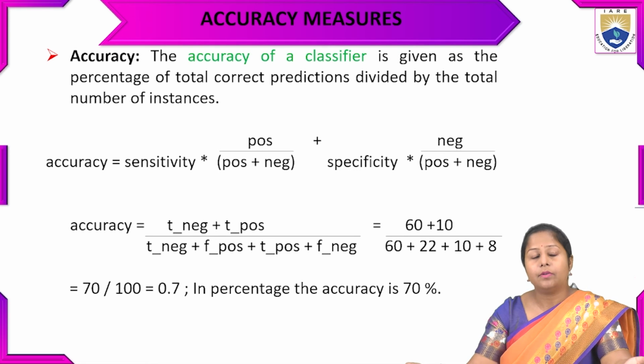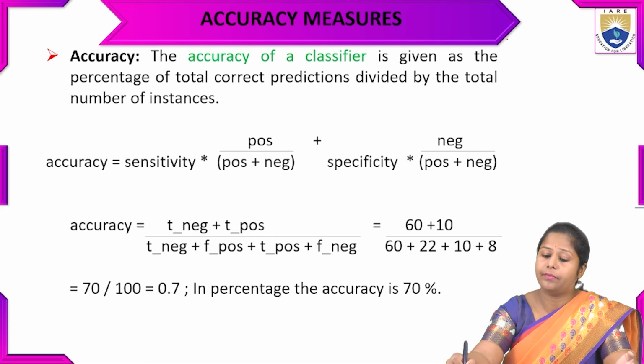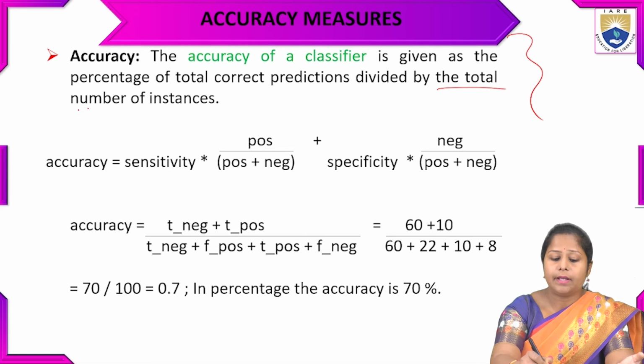Accuracy measures. To evaluate a classifier, there is the accuracy measure. The accuracy of a classifier is given as the percentage of total correct predictions by the classifier divided by the total number of instances.